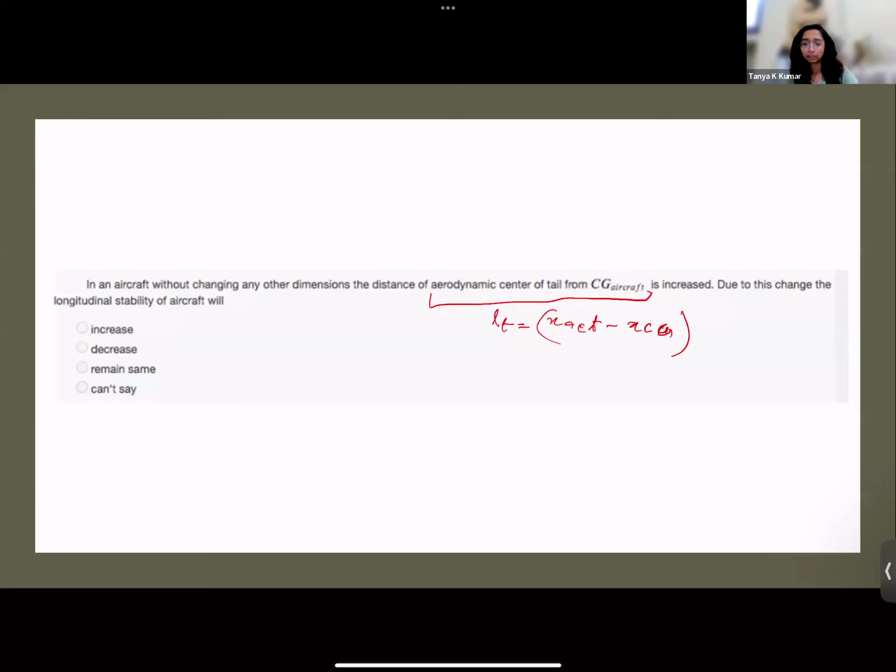What will happen to the stability? Will the stability increase, decrease, remain the same, or is there not enough information to comment?